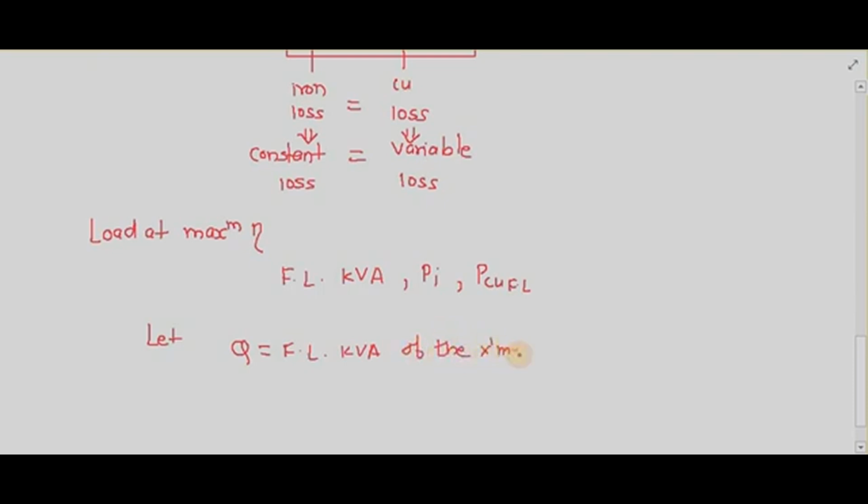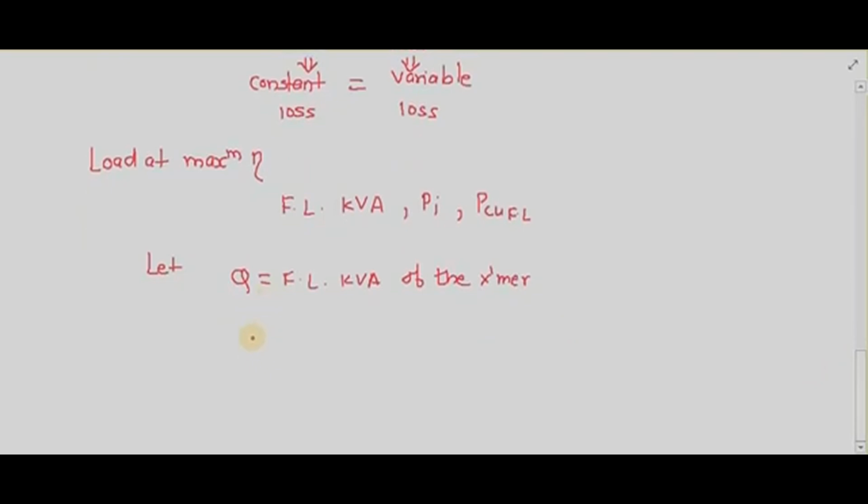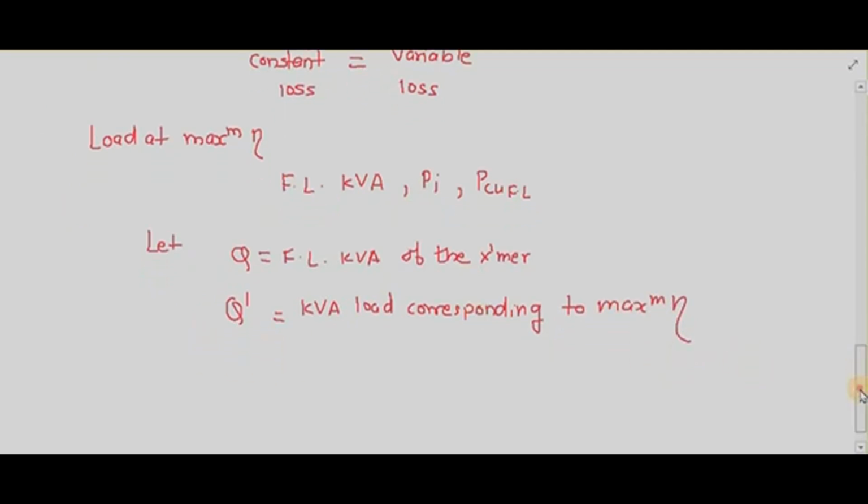Right? Then let Q dash be the kVA load corresponding to maximum efficiency. So Q dash is the kVA load corresponding to the maximum efficiency.